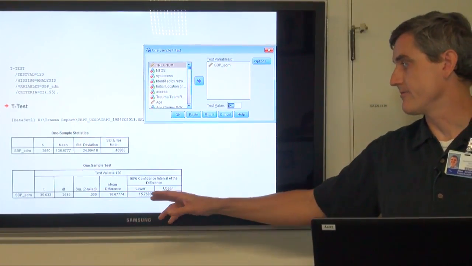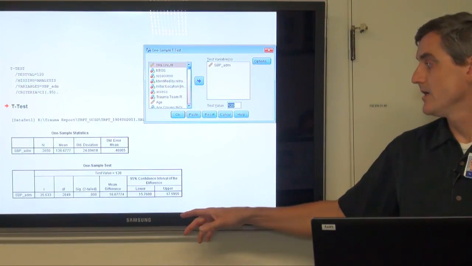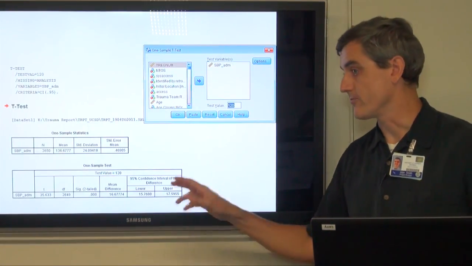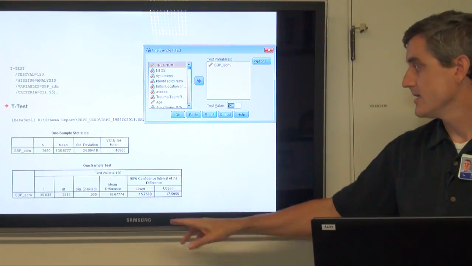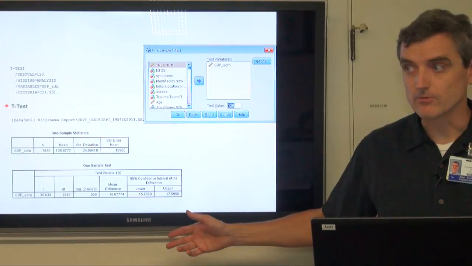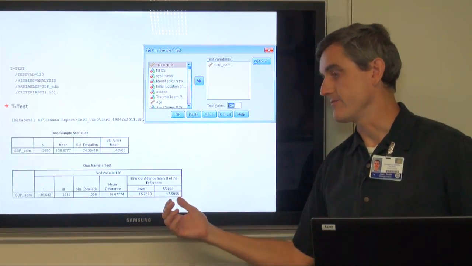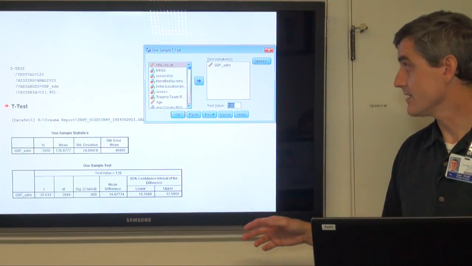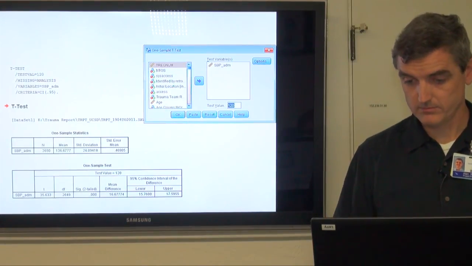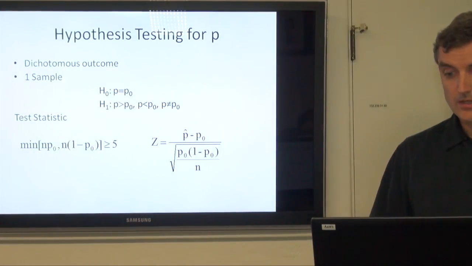And the 95% confidence interval of the difference, we can see that if there was no difference, if we accepted the null hypothesis, the lower value in this case would be less than 0. So we'd go from negative to positive on that. And that's pretty much it for that.